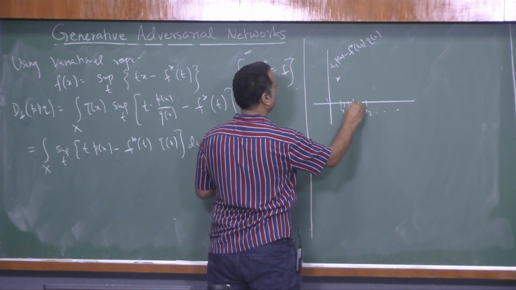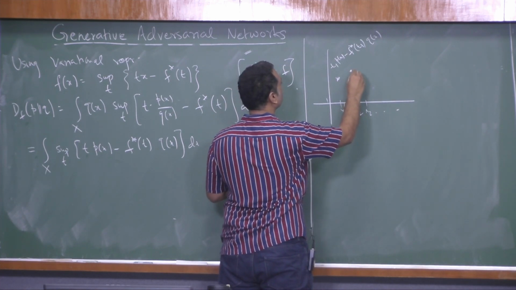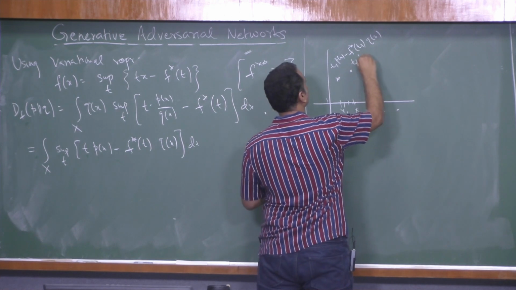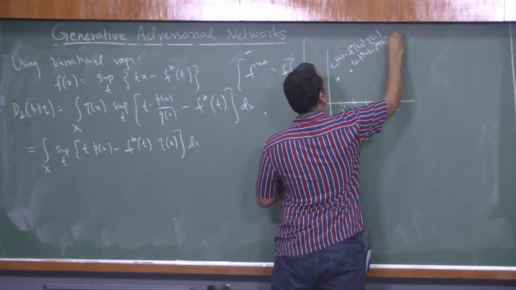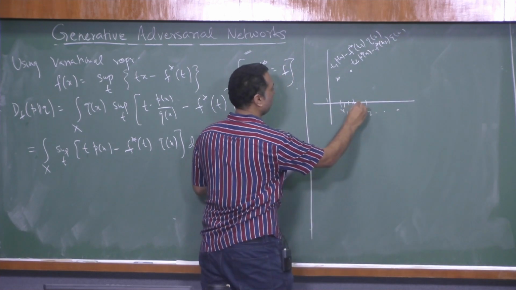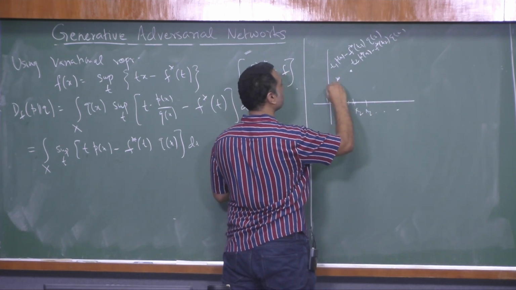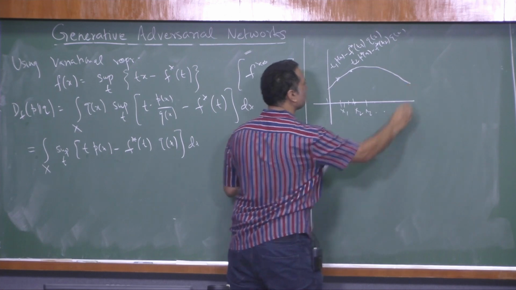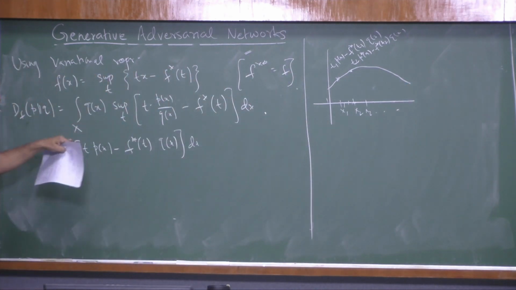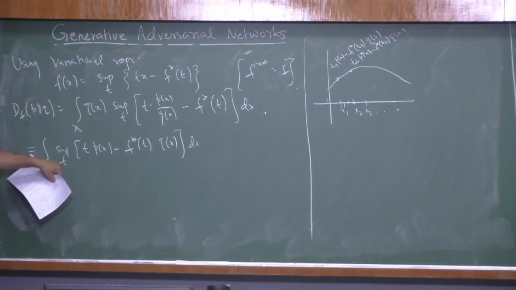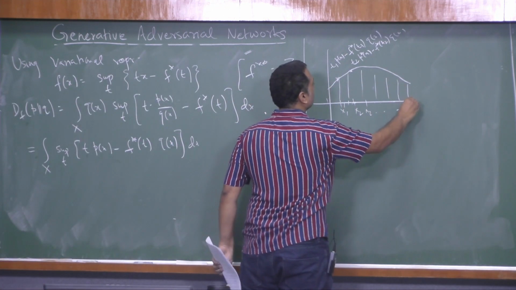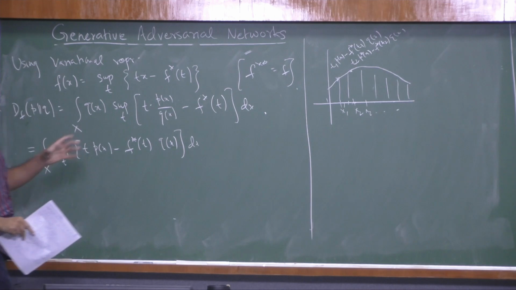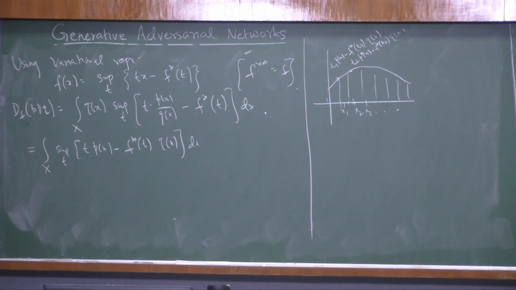Similarly, I go here and I do the supremum, and I find some t2, so t2 px minus f star t2 qx. So you see, pointwise, I have these supremum values, and this is the function I construct. And I have to take the area under that. Okay, I have to do the integral, and this is the integral we are looking for. So inside the integral, we have these pointwise evaluations going on.